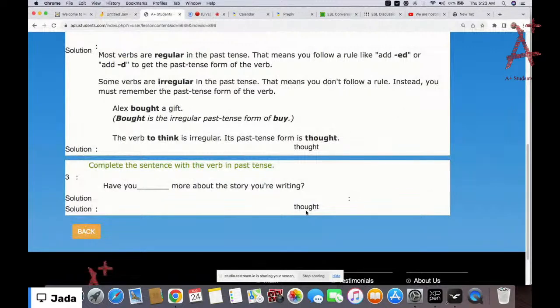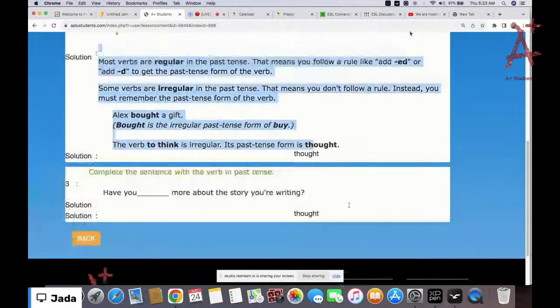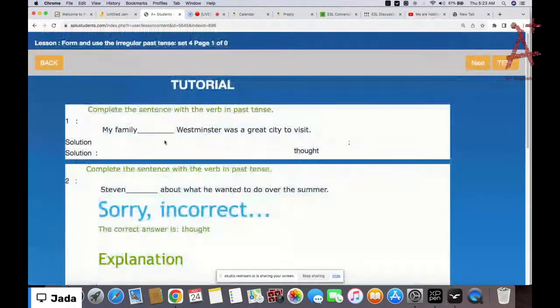All right, so let's move on to see some more examples. My family dash Westminster was a great city to visit. So my family thought that Westminster was a great city to visit. Right? So let's go to next.